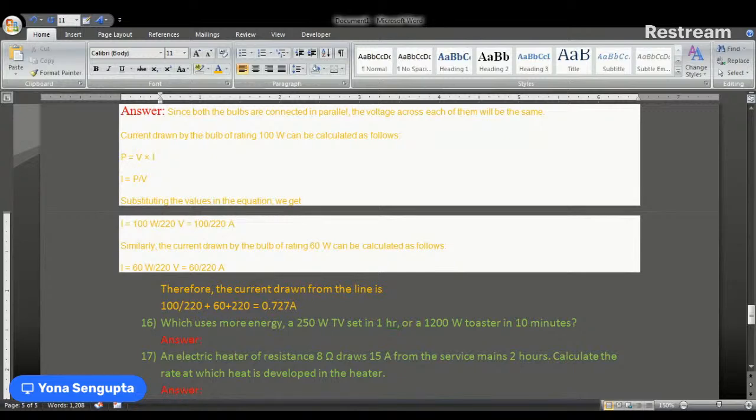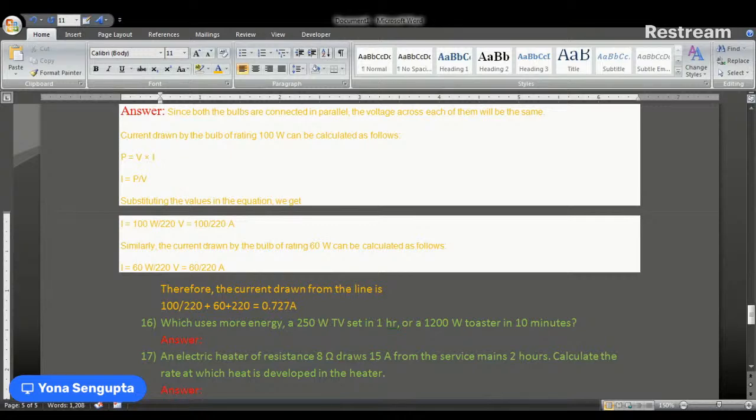The energy consumed by electrical appliances is given by H equals P into T, where P is the power of the appliance and T is the time.